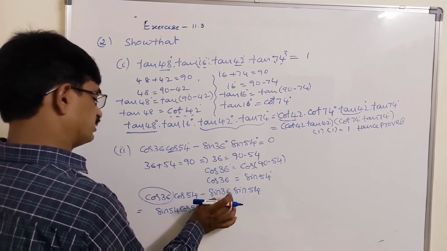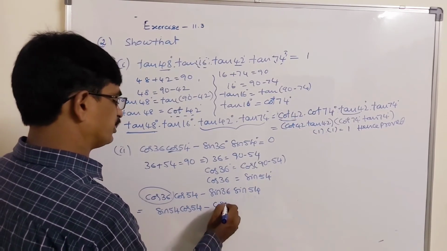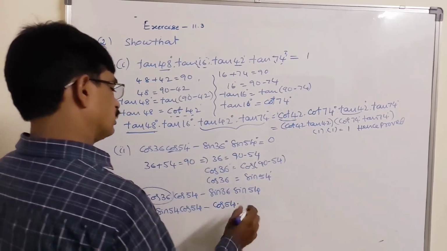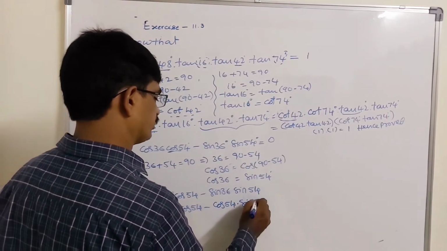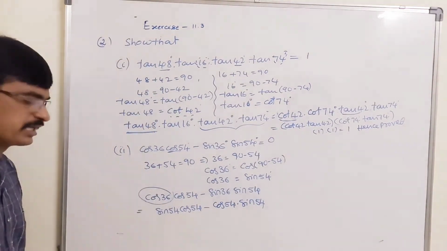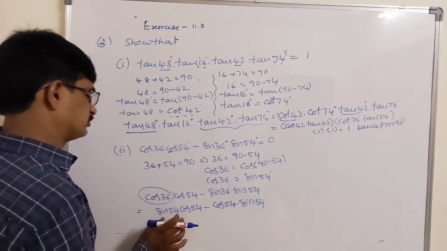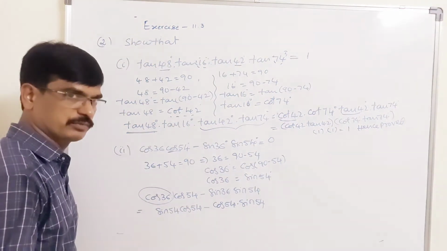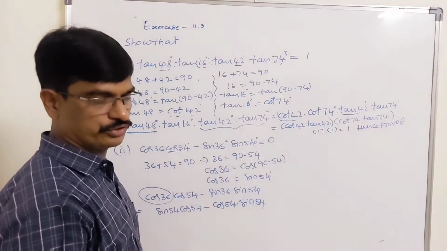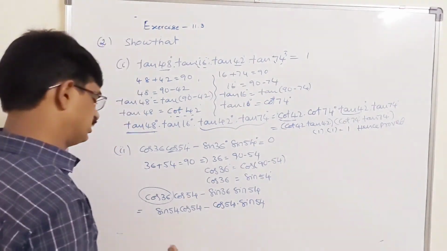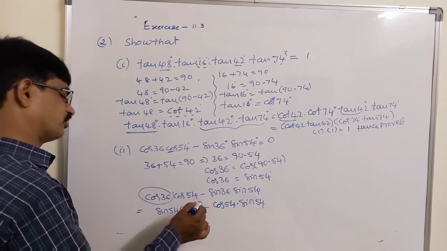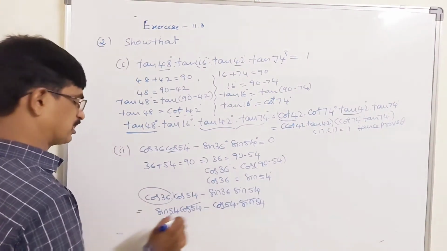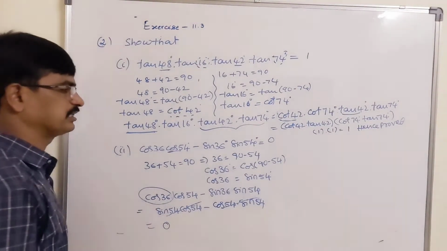Okay, sine 36 becomes cos 54 degrees and sine 54 degrees because they are complementary angles. That is, sine 54 into cos 54 or cos 54 into sine 54 are the same because a into b is equal to b into a, commutative property under multiplication. Now sine 54 cos 54, sine 54 cos 54 cancel out, then the result is 0.